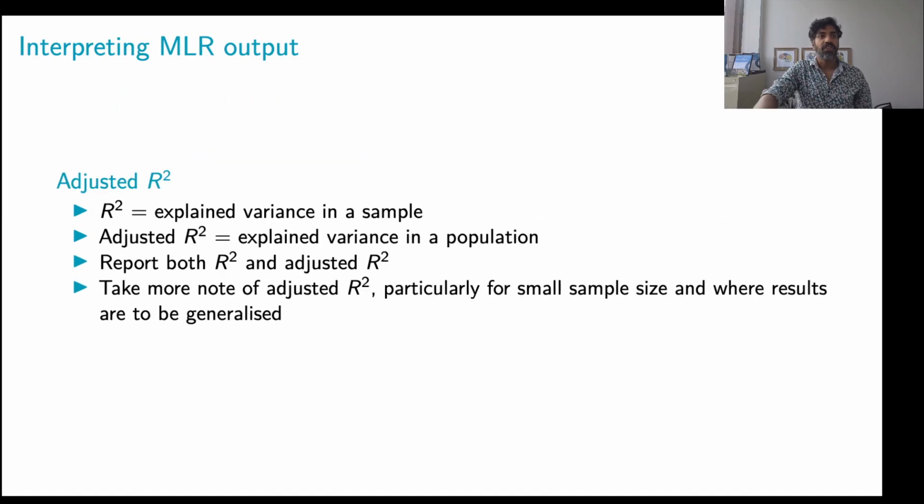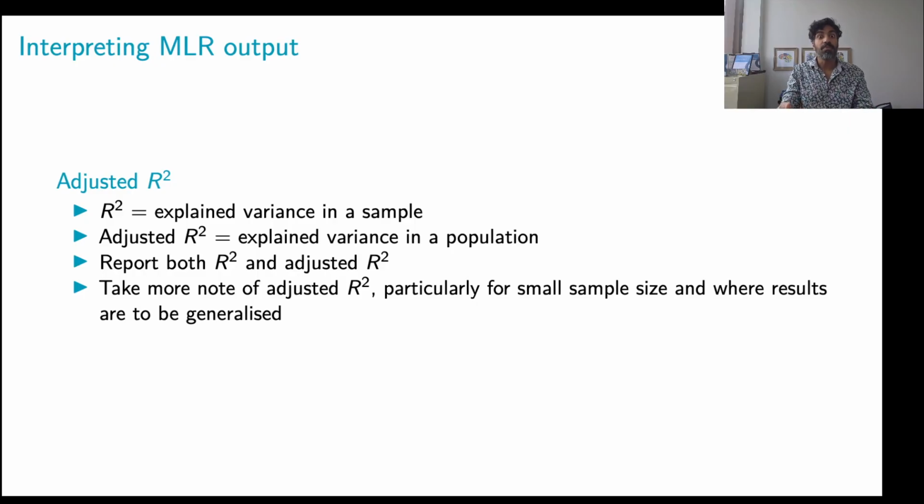And there's something called adjusted R squared, I'll come back to this. R squared is the explained variance in the sample. Adjusted R squared is the explained variance in the population. It's good to report both, although I don't actually see adjusted R squared reported a lot in the literature.